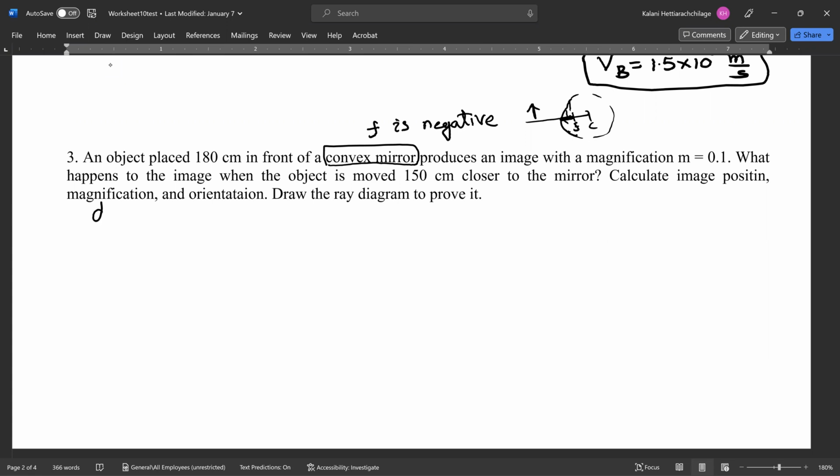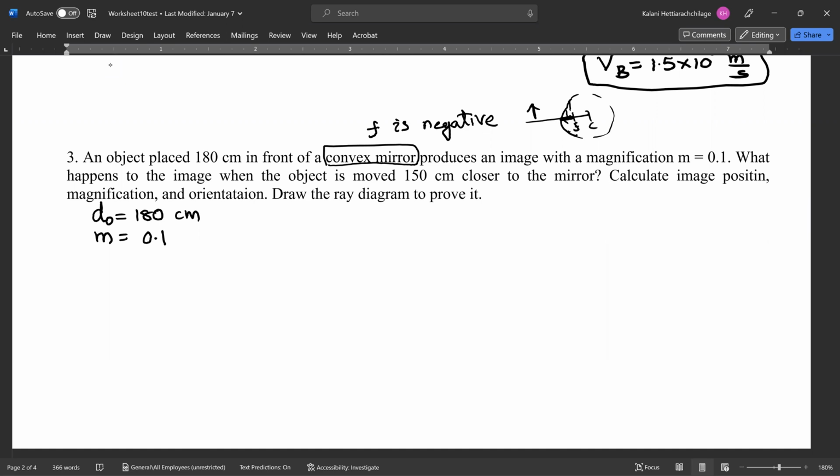According to the given information, in the first case, D naught is 180 centimeters. Don't convert into meters here, because you may use centimeters or meters, and you'd just spend your time doing conversion, which is not needed here. So D naught is 180 and M is given as 0.1, and then we need to find F first, right?